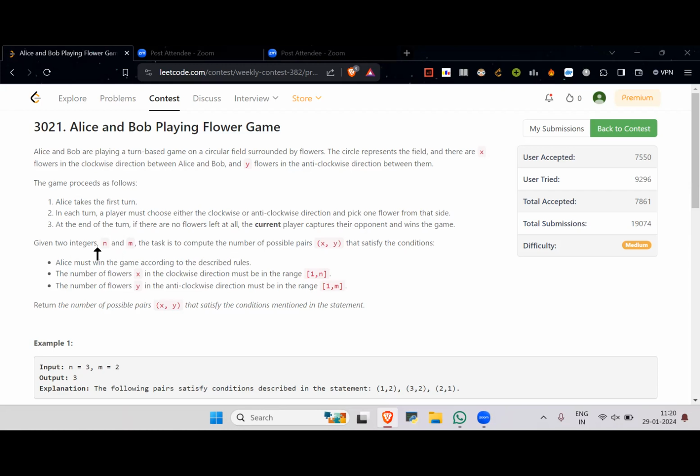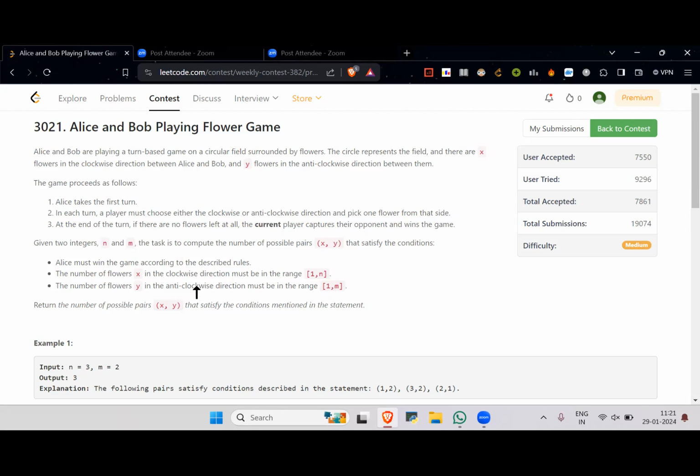Now, we are also given two integers n and m, and our task is to compute all the possible pairs of x and y that satisfy the following conditions. Alice must win the game, x is a number in the range 1 to n, and y is a number in the range 1 to m.